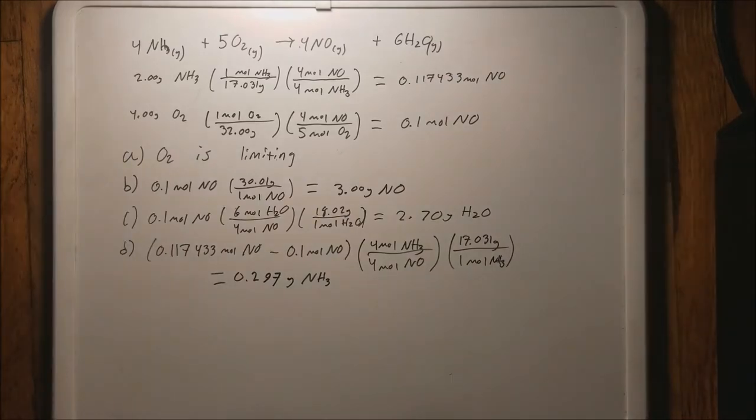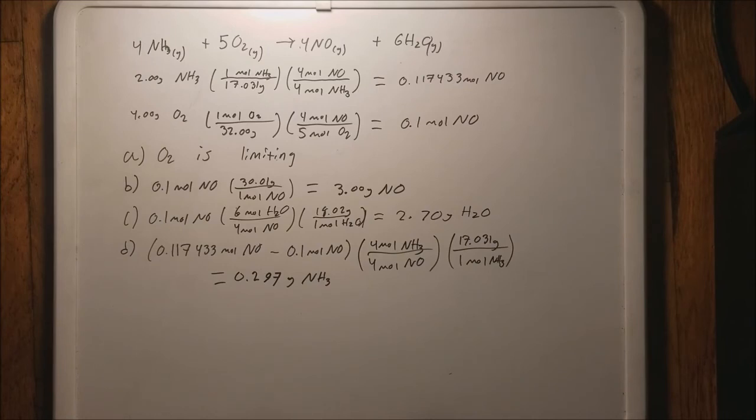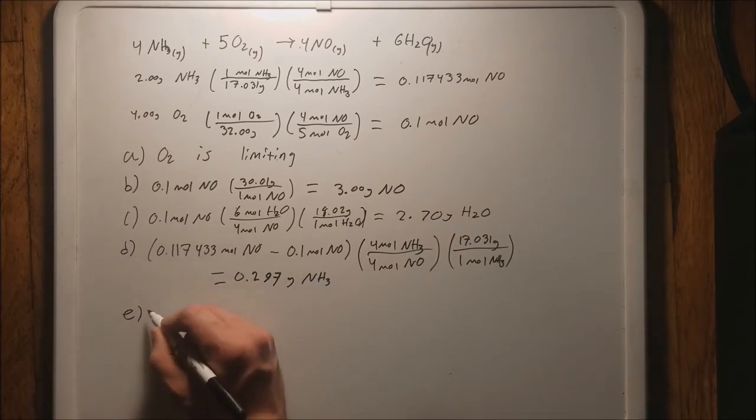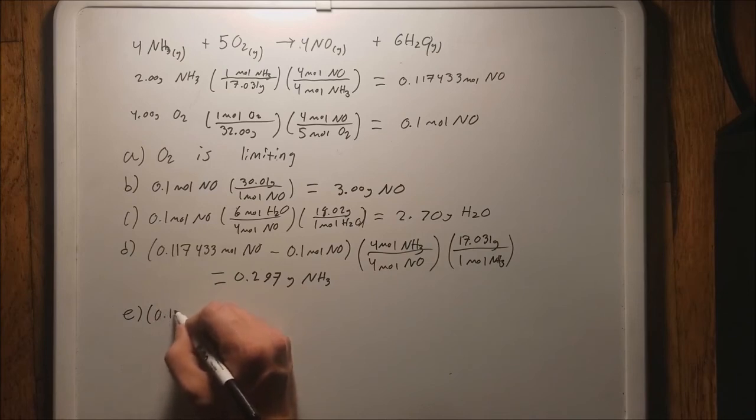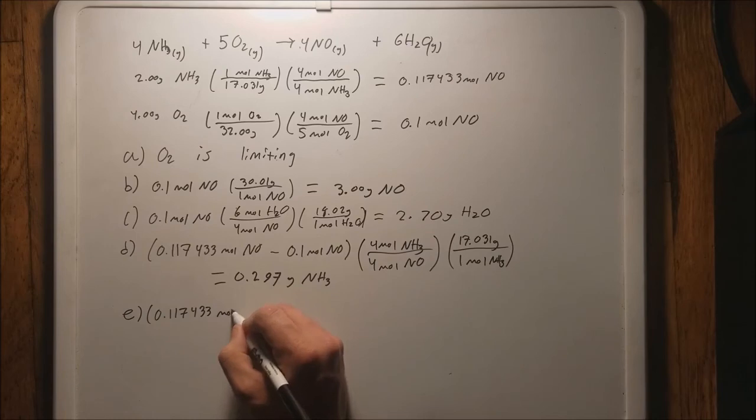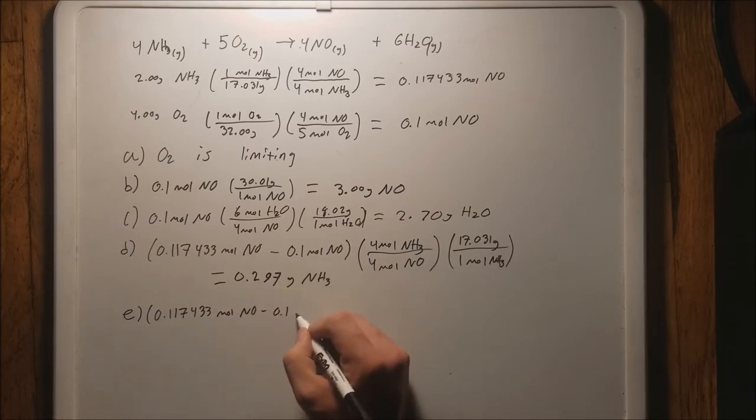The last part is pretty similar to what we just did, but now we need to figure out how much more oxygen we would need in order to combust all of the ammonia. So we do the same thing. We want to figure out essentially what the difference is in the moles.